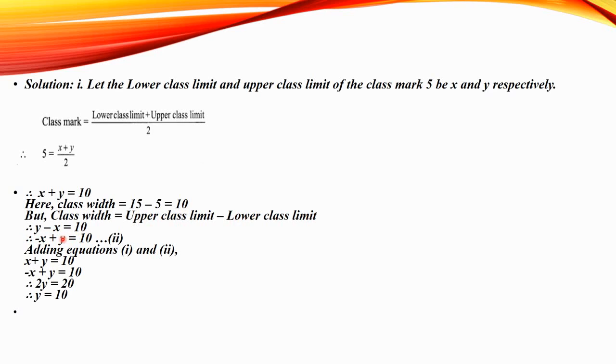Interchanging the position of x and y, we get minus x plus y is equal to 10. Adding equation 1 and 2, we get x plus y is equal to 10 and minus x plus y is equal to 10. Cancelling x and minus x, we get 2y is equal to 20. Therefore, y is equal to 10.